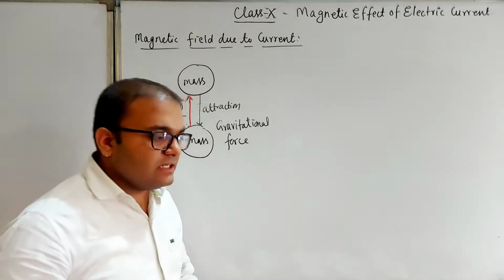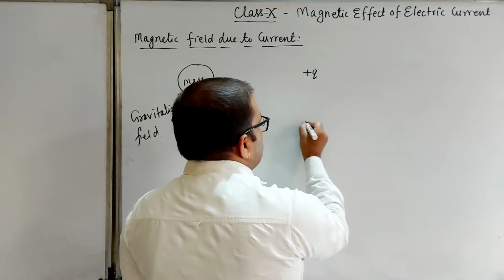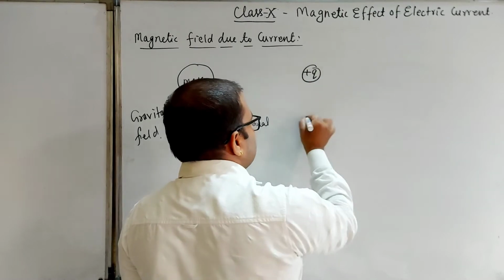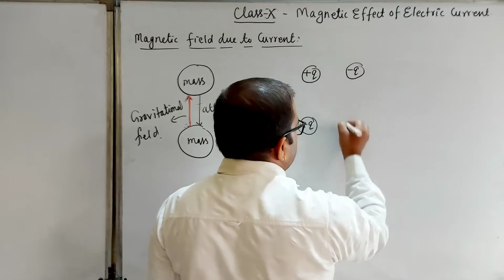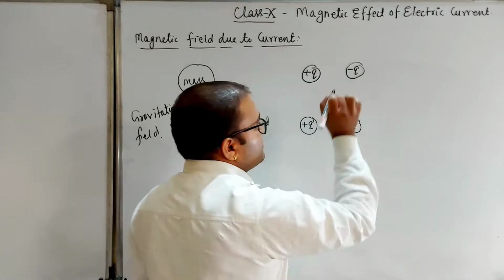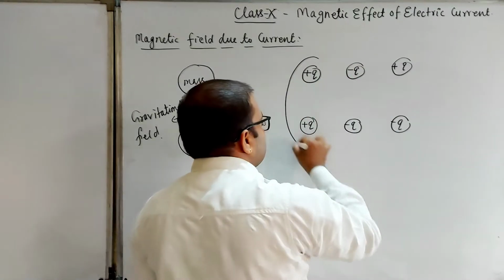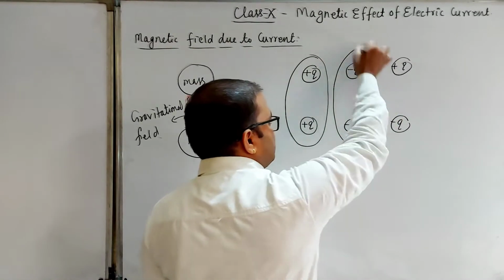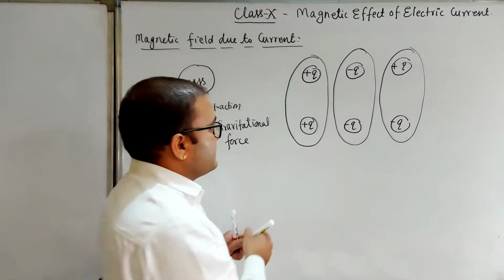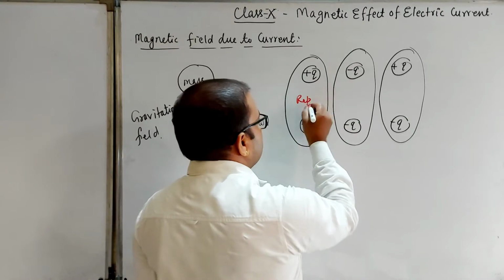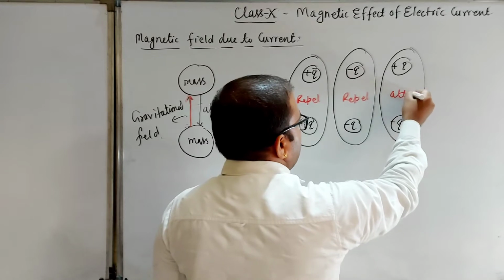Similarly, for charged objects, suppose there are plus q and plus q charges, there will be an electrostatic field, and repulsion. Similarly minus q and minus q also repel, while plus q and minus q attract each other.